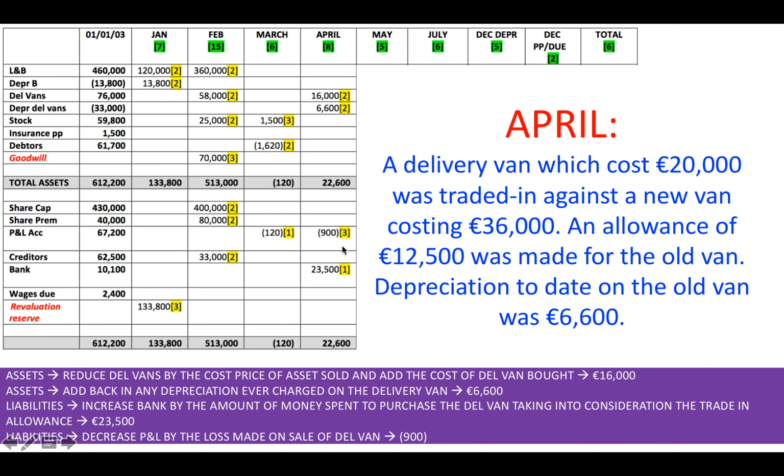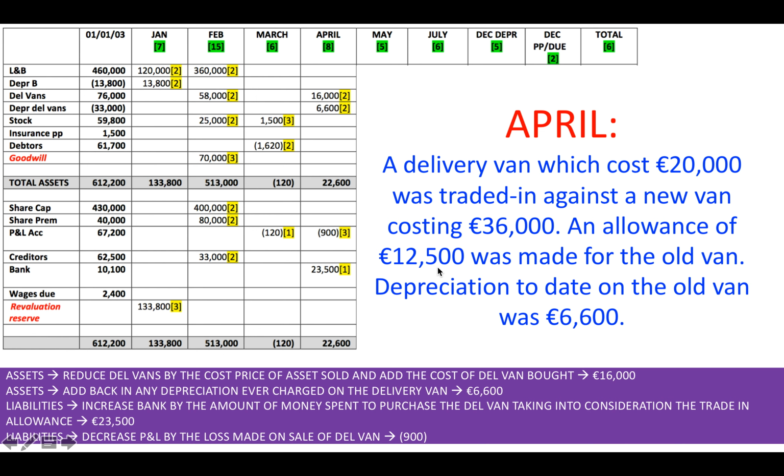Now, we see here that I have profit and loss minus 900. So what is that? Well, obviously then it means that is a loss. So if I minus something from P&L, that is a loss. And let's see how that worked out. So the business got an allowance of 12,500 on the old van.